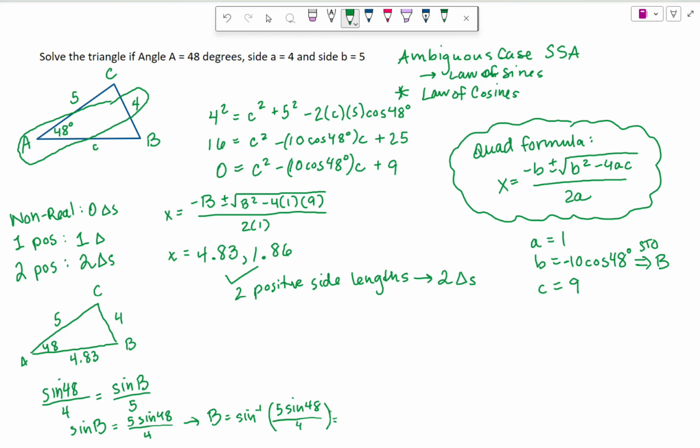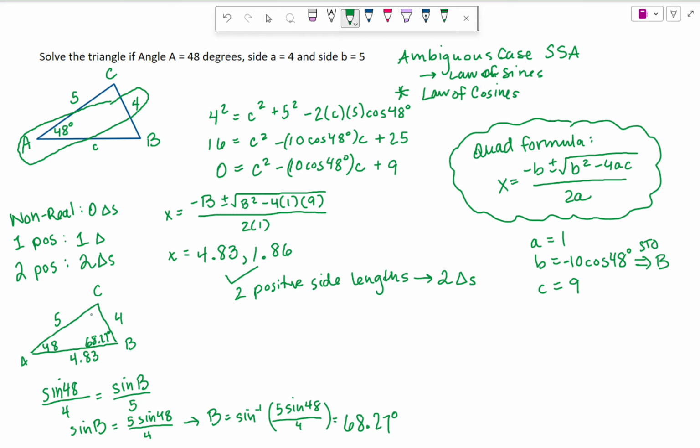So if I type that in, I can do that all in one step. I got 68.27 degrees. So this angle would be 68.27.